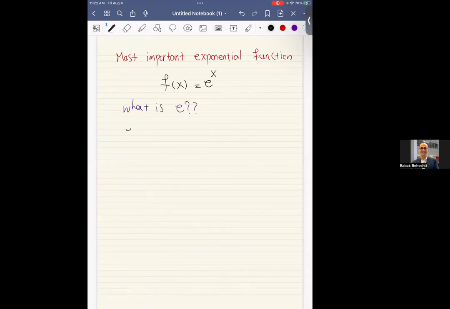It's an irrational number. So e is some irrational number around 2.7.